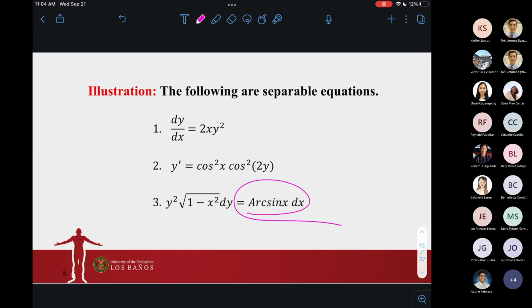So dapat tandaan natin paano nga ba mag-integrate kapag may kasamang arcsine of x. And unluckily for you guys, meron tayong face-to-face exam. I'm not sure kung papayag kayong magkaroon ng cheat sheet for derivative formulas and integral formulas. So, as early as now, start memorizing them again or start recalling them. All right, at least the basic ones, the basic formulas.